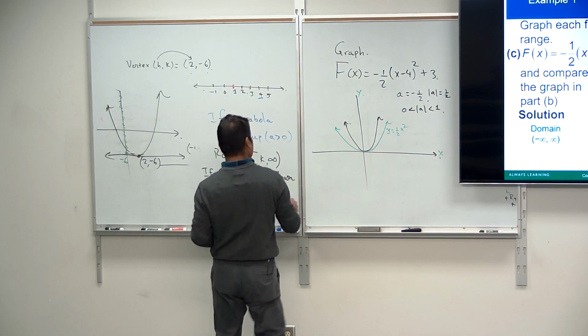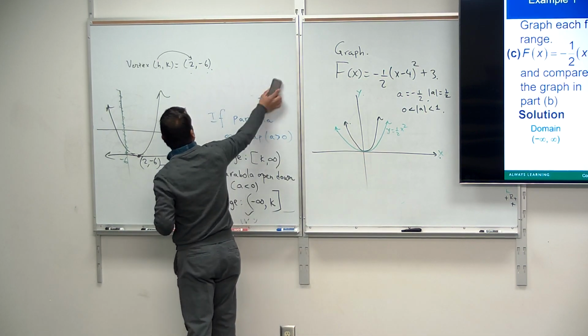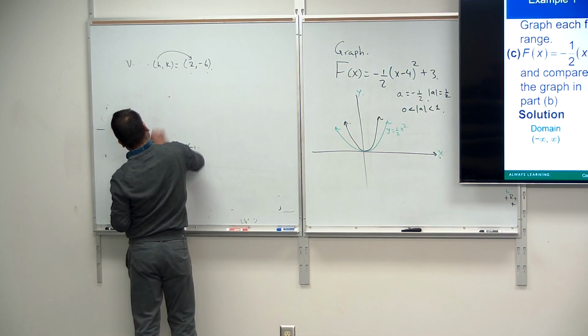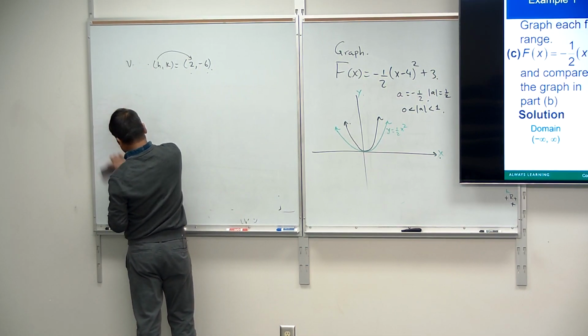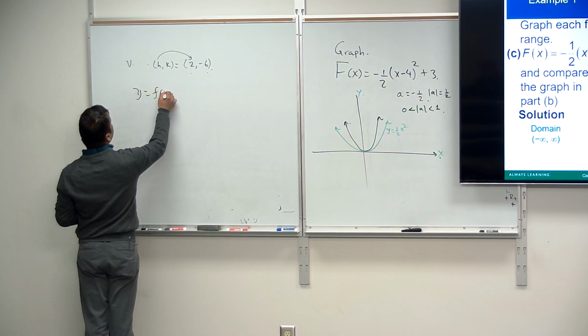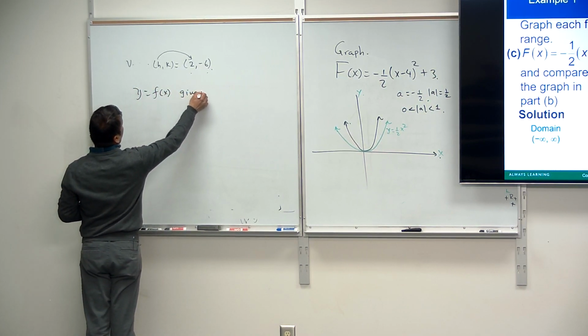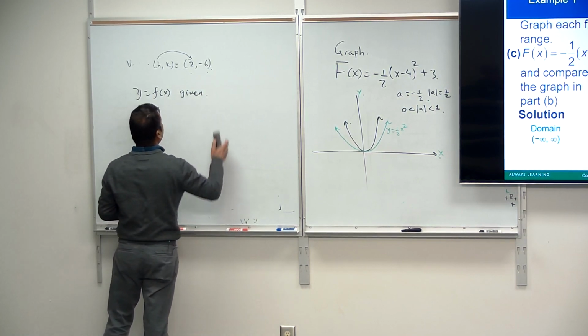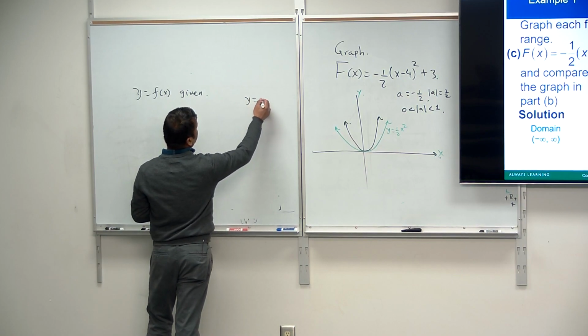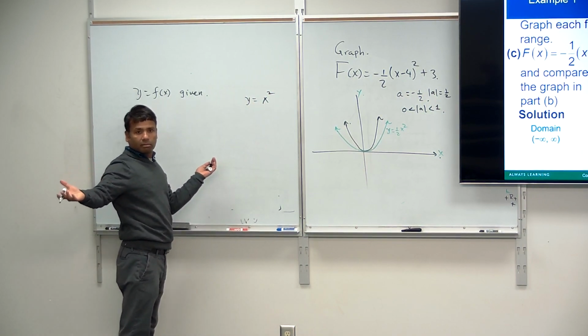So what I'm saying is this, guys. Remember, if you have y = f(x), it is a given graph, okay? And for a particular case, you can pick y = x^2. Right?